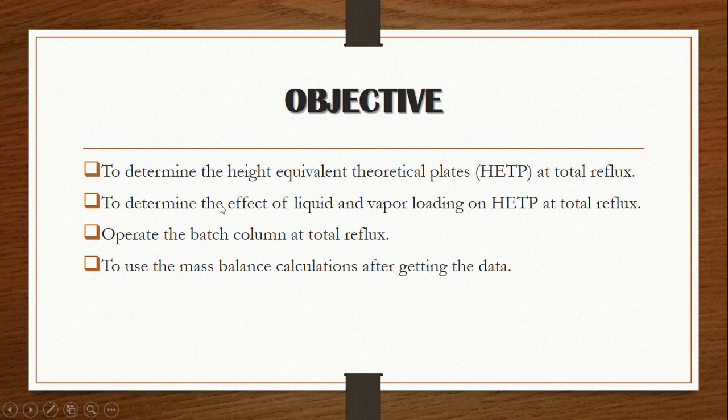The second is to determine the effect of liquid and vapor loading on HETP. The third is to operate the batch column at total reflux, and the last one is to use mass balance calculation after getting the data.